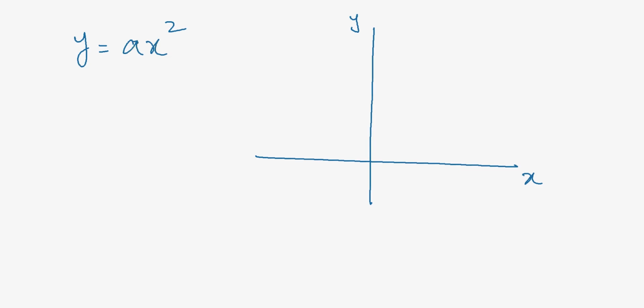This parabola will look like a U opening up if a is positive, a normal U shape. Because for both positive and negative values of x, once squared, y will have only one value. You get the idea?